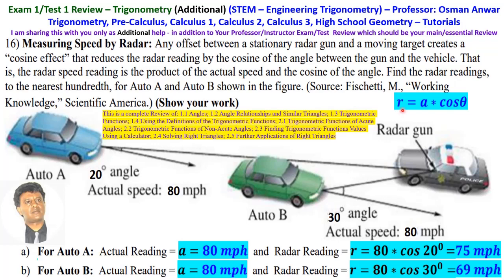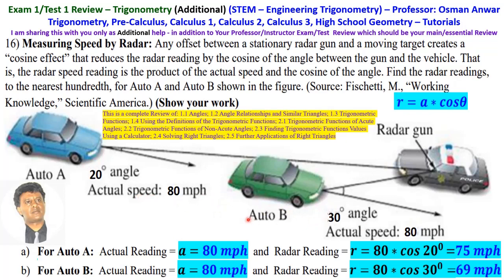Okay, so the cosine effect is R equals A cosine theta. So what that means is the radar is going to read at some angle, and those readings are not equal to the actual speed. So the actual speed of these two vehicles, auto A and auto B, is 80 miles per hour.